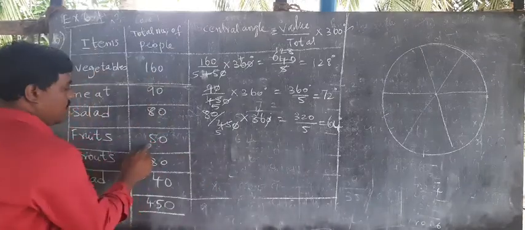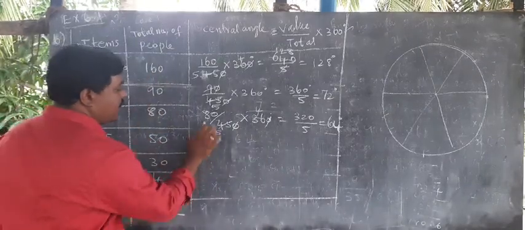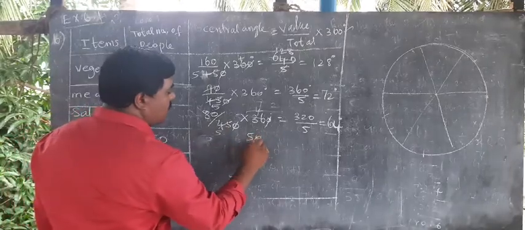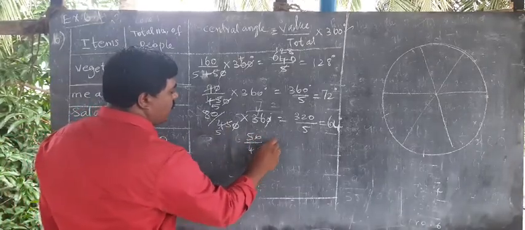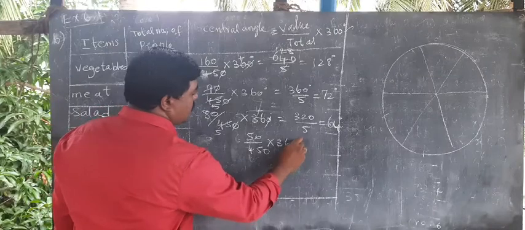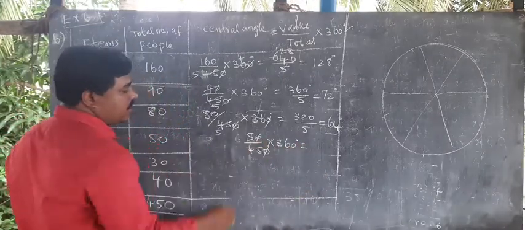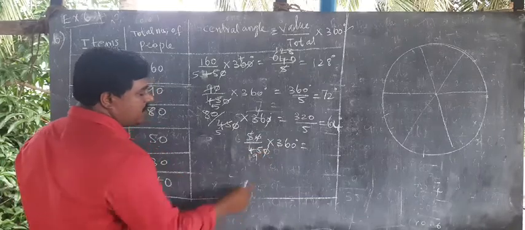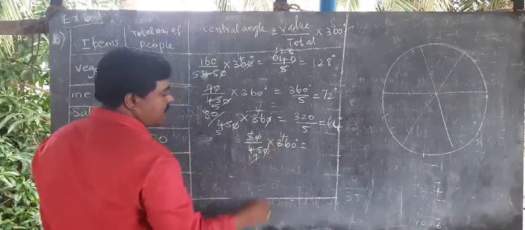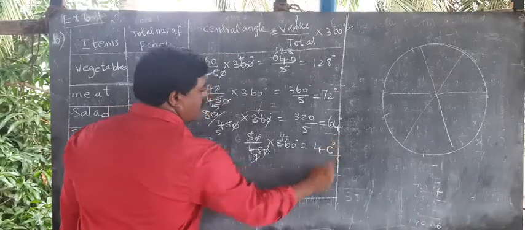Then here 50, I have written 50 by 450 into 360 degree. 0 cancel. 5 9 times, 9 4 times is 40. 40 degree is the answer here.